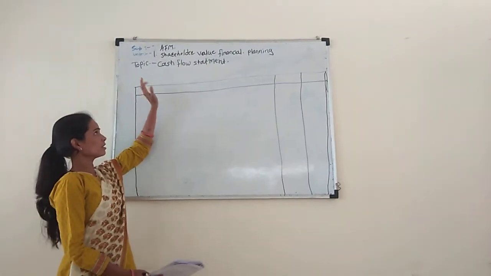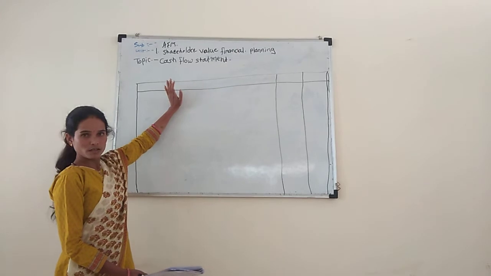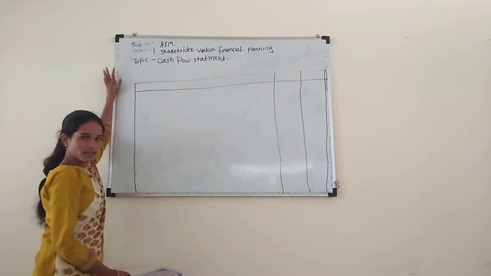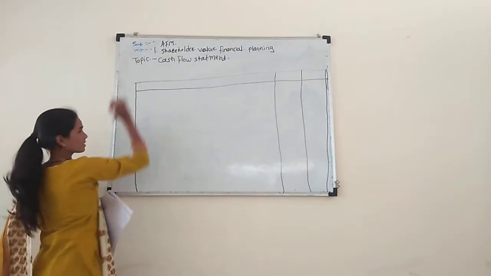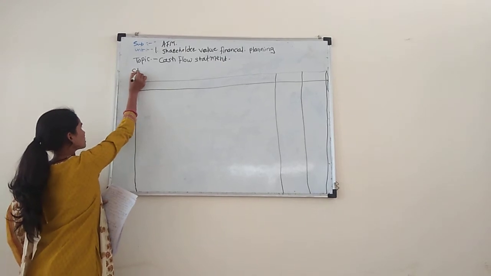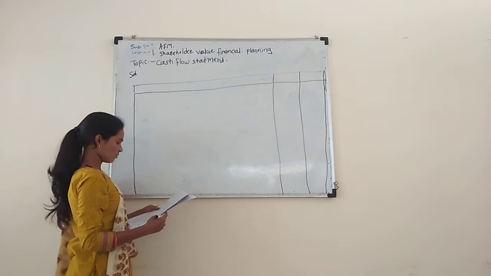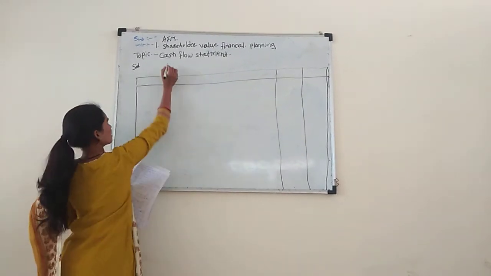We discussed problem one and its solution in the previous lecture, and today we discuss the solution of the second problem, which was already discussed in previous lectures. First, the cash flow statement of Surya Limited.